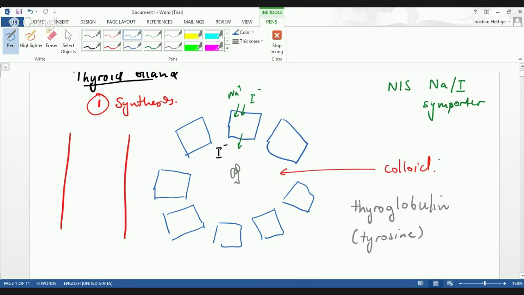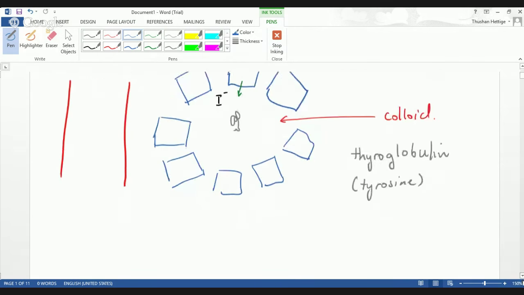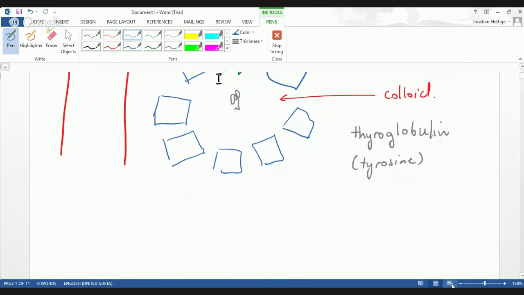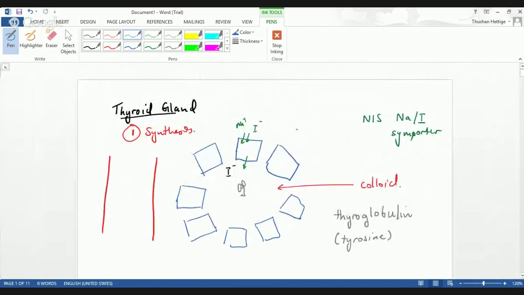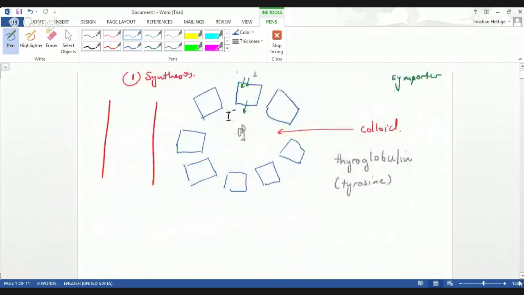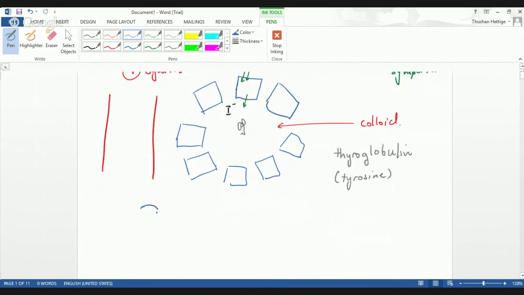If you look at the secretory vesicle which releases this thyroglobulin, you find something quite interesting. It has a phospholipid bilayer, and the bilayer will contain membrane proteins.